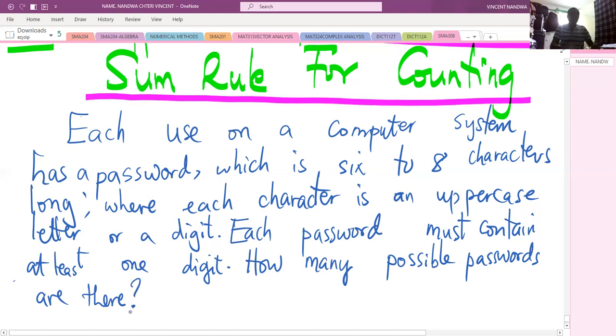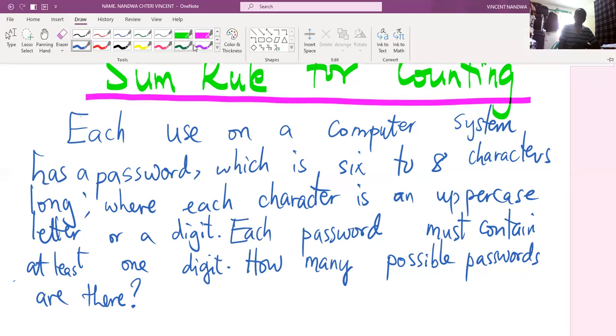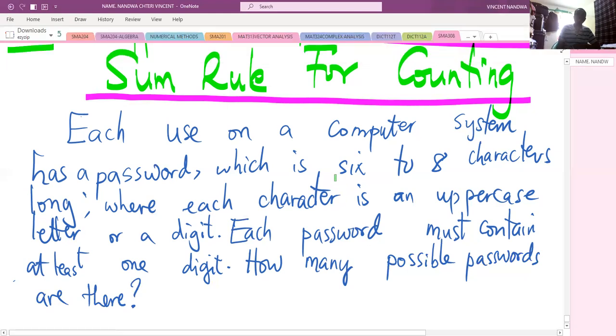So let's read the problem and understand what it means. Each user on a computer system has a password. Let's start highlighting some of the key things in the problem. The password is 6 to 8 characters long, and each character is either an uppercase letter or a digit.